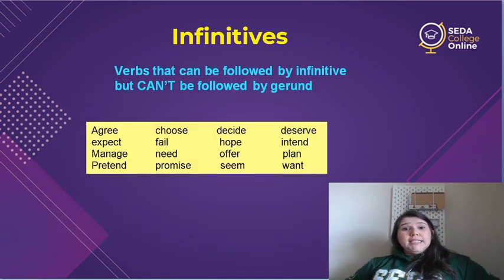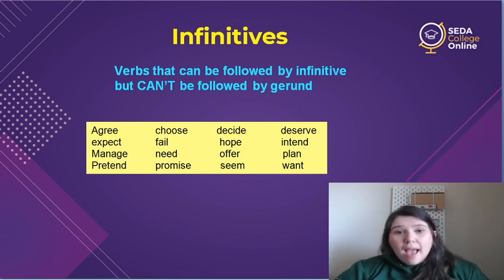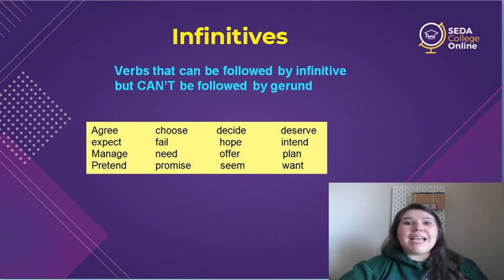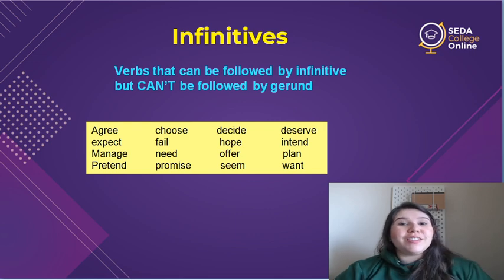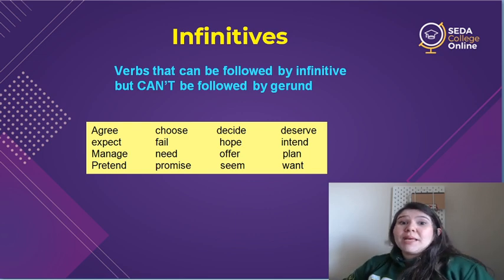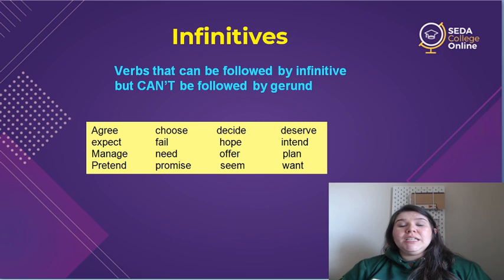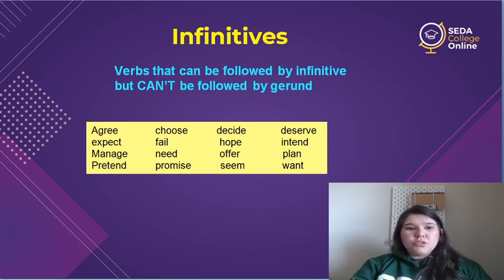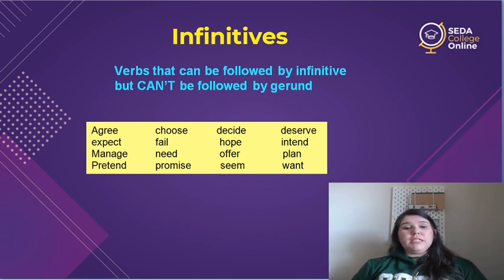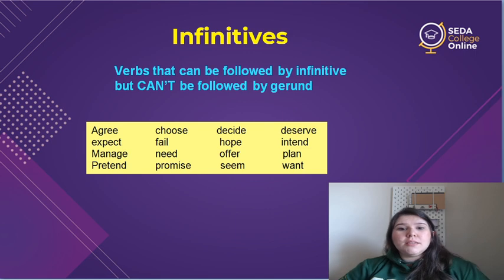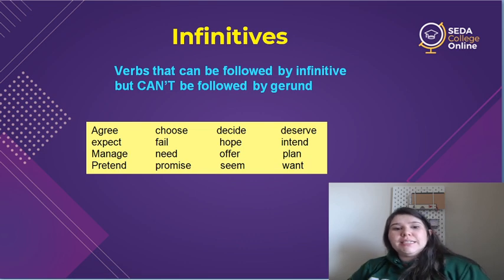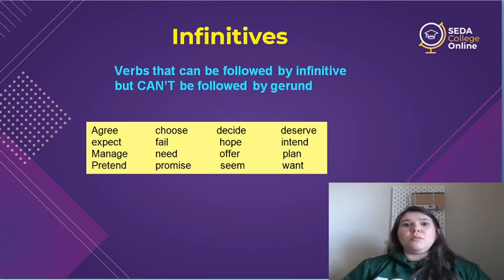So this is the list of verbs that can be followed by infinitive but can't be followed by gerund. So again, we need to memorize them, okay? So the verbs are agree, expect, manage, pretend, choose, fail, need, promise, decide, hope, offer, seem, deserve, intend, plan, and want.